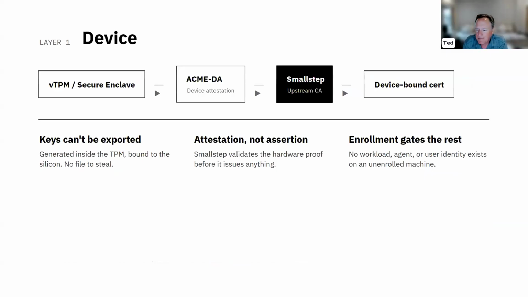At the device, I already mentioned ACME device attestation. These credentials are basically created using either an EK public key or an EK certificate. These are certificates which are presented by the device.